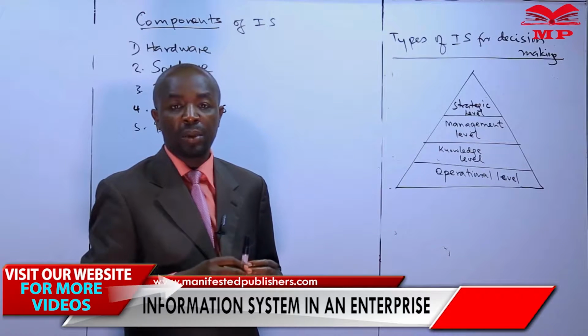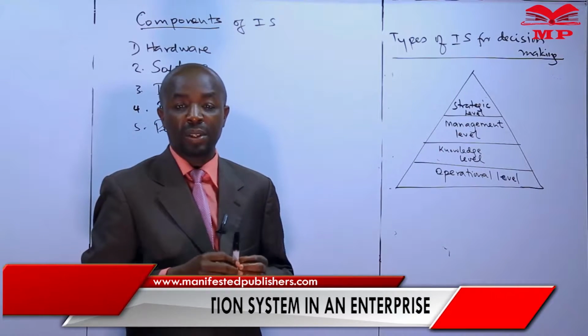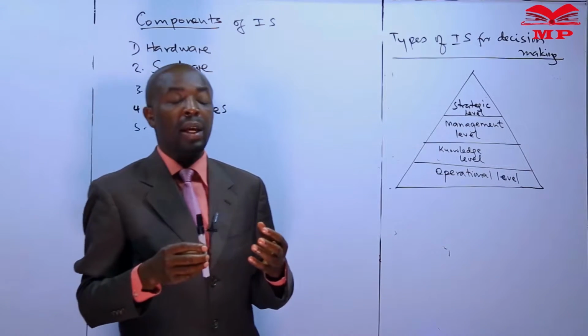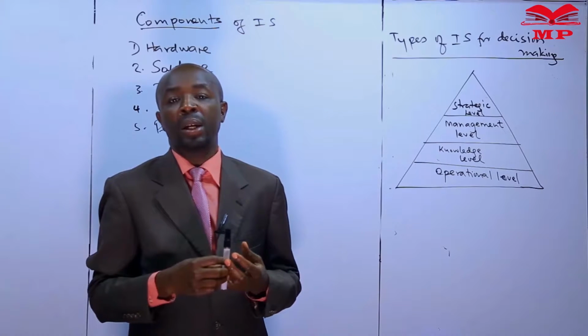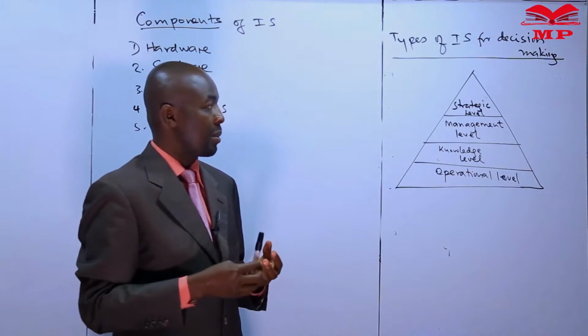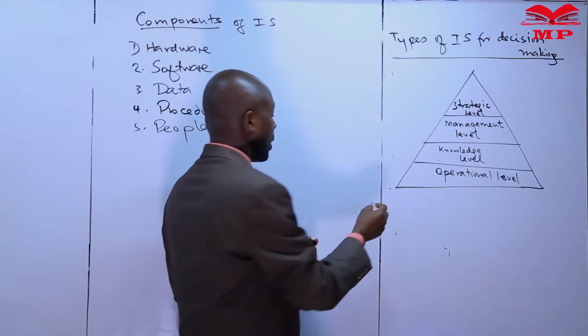In the computer system, and every time I want to make a decision, I will consult with that information system. It is only that they are helping us, they are automating the process of decision making. We don't have to do guesswork when you're using information systems. So that takes us to the very many types of information systems.